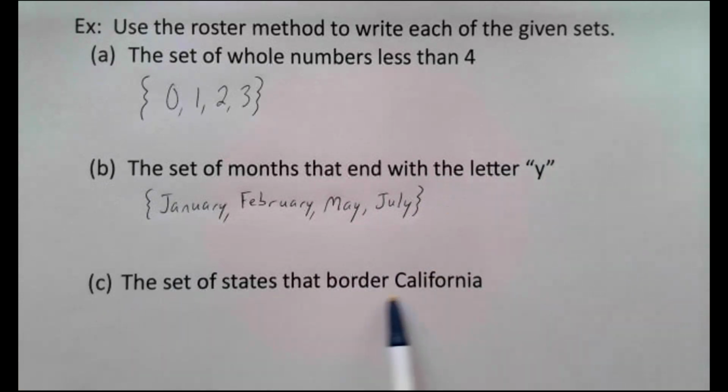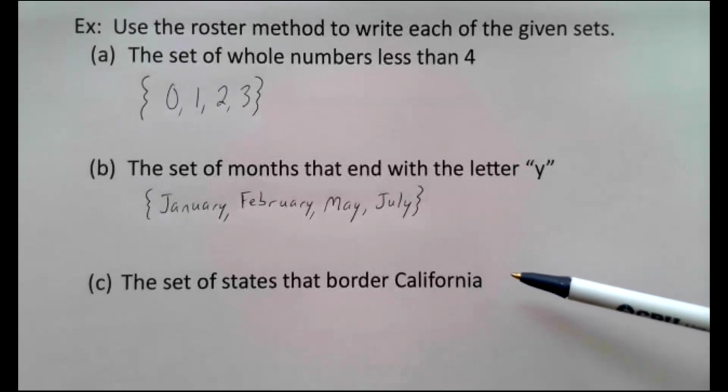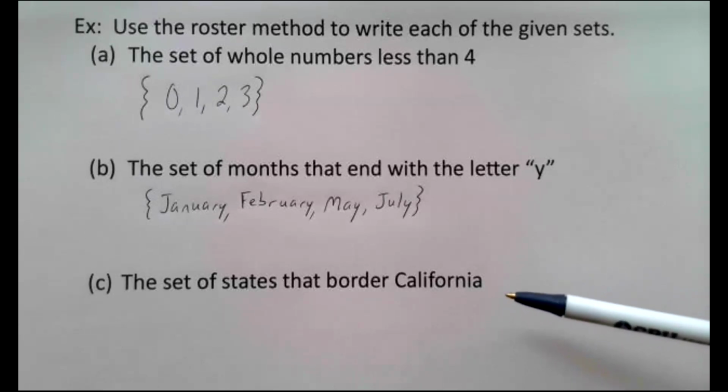Part C says the set of states that border California. If I asked you, for example, the set of states that border California, or the set of states that border Montana, or the set of states that border Tennessee, I would not ask a question like that on a test, because I don't expect you to know necessarily the set of states that border Montana, for example.